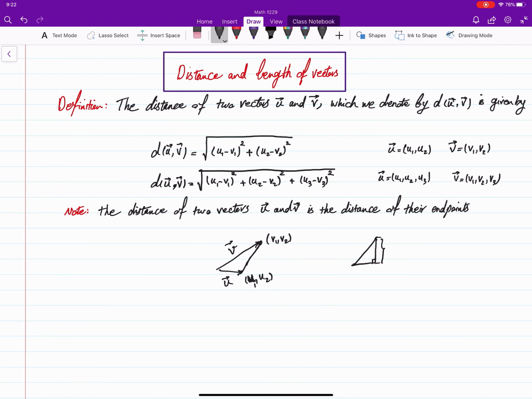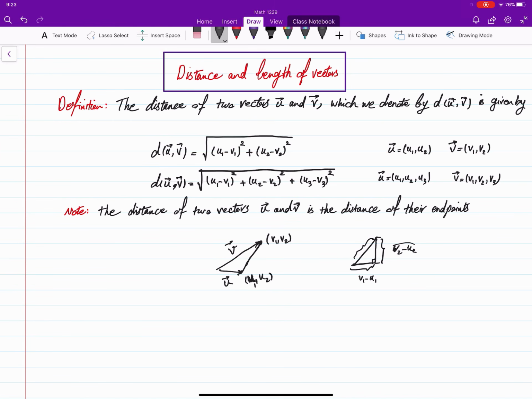The length of this one is the difference of the second component, so in this case v2 minus u2, and here is the difference of the first component, so v1 minus u1. Well, then the length of this guy is going to be, square these parts, add and find the square root.